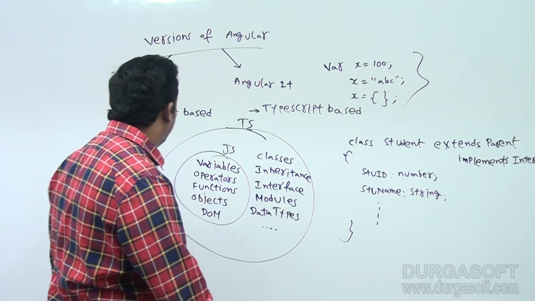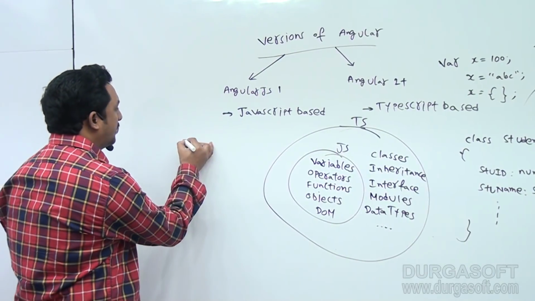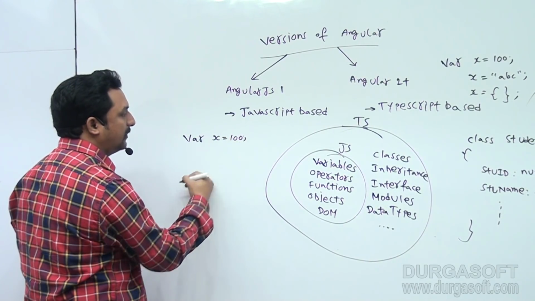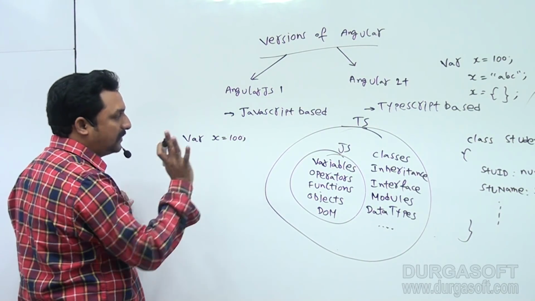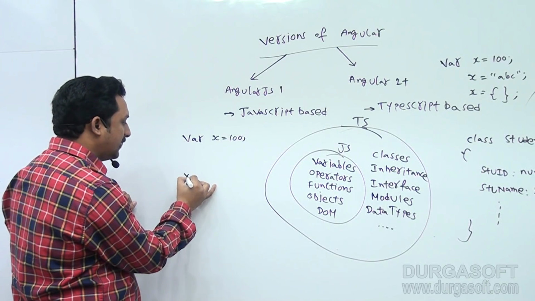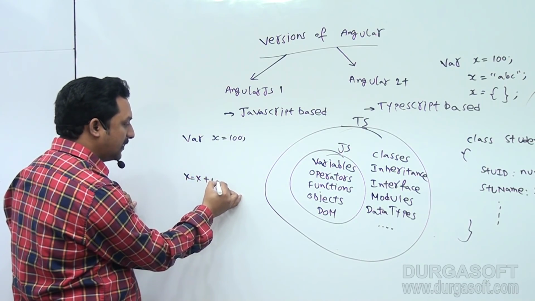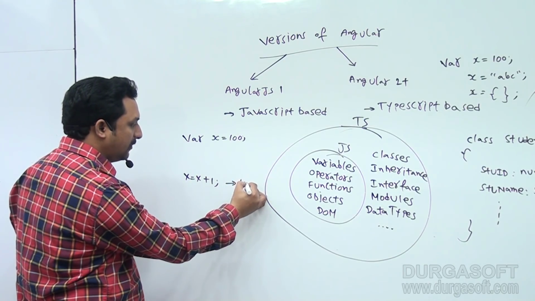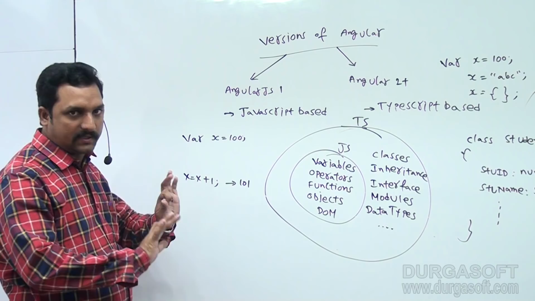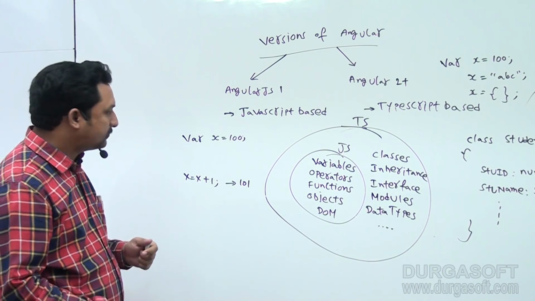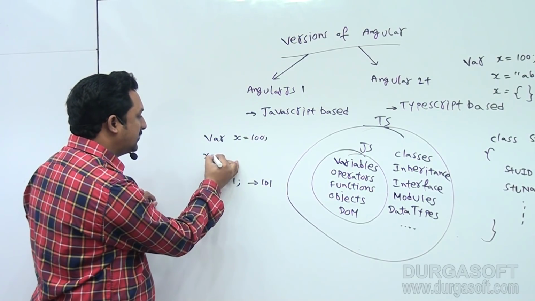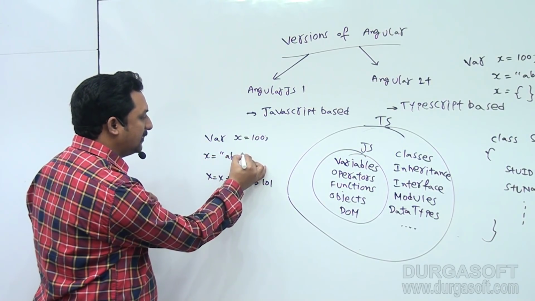For example, see, here we have written x equal to 100. I just assume that x is a number. Based on that, I have done x equal to x plus 1. Okay, this is fine. I am expecting the output 101. But in the middle, some external script comes into the picture and changes x equal to ABC.